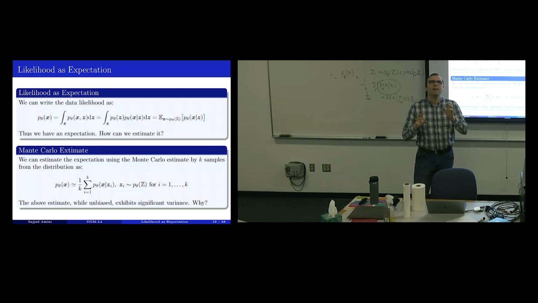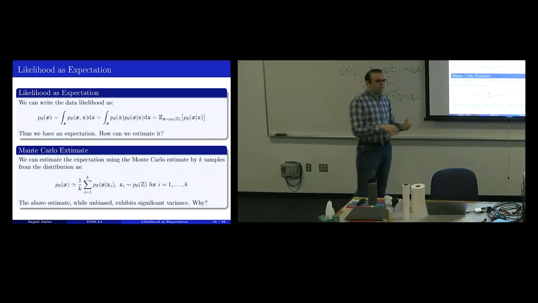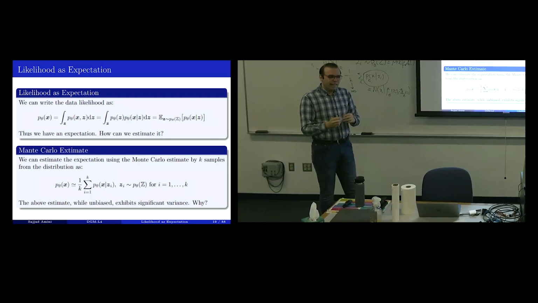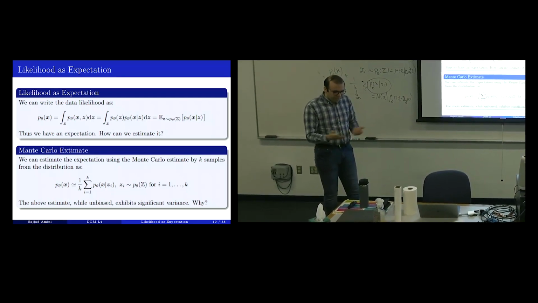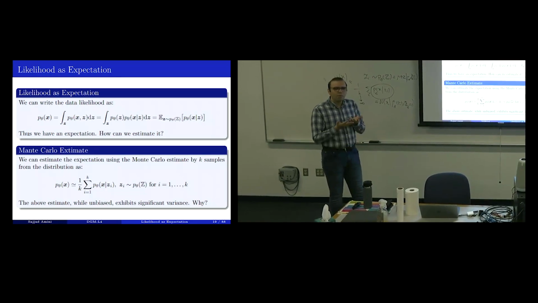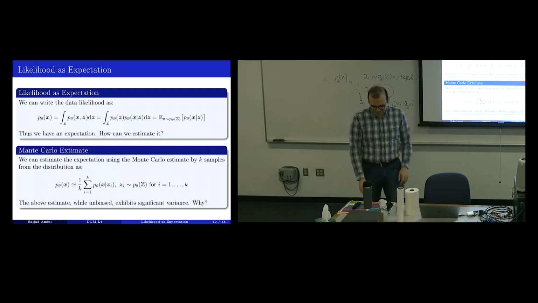For example, I sample from the latent, it is a man, his pose is something, for example, A, B, and C, he's smiling or anything else, and then I calculate the probability of your X given this Z. If they are aligned, it gives you a high probability. If they are not aligned, it gives you a low probability. In the average, you are calculating what you need, which is the unconditional density of the data.